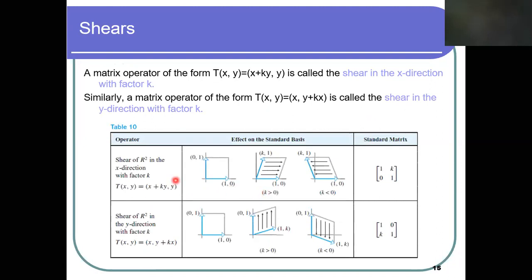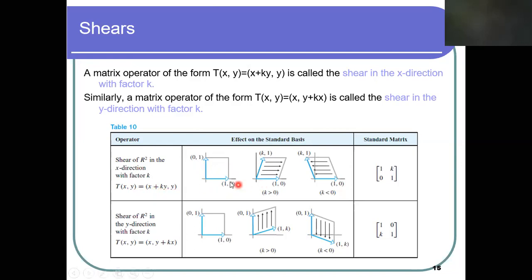If you can see over here, shear of R square in the x direction: if you have the standard basis of R square, which is 1 0 and 0 1, this is a transformation of shearing along the x direction with factor k, that is (x plus ky, y).